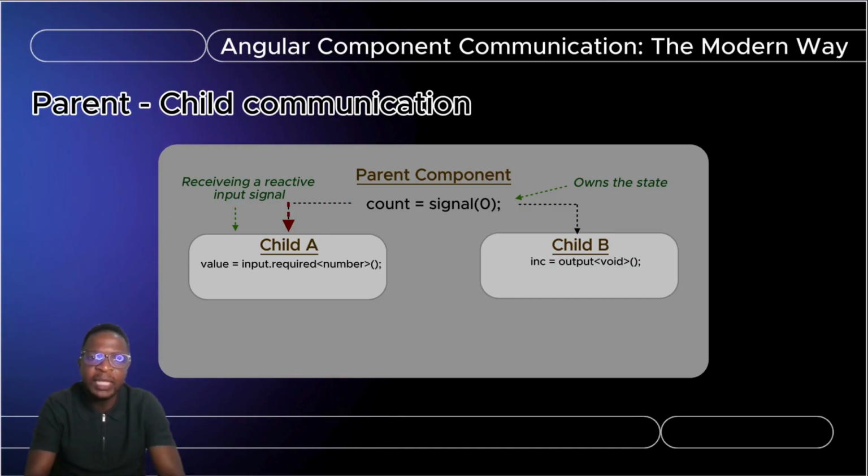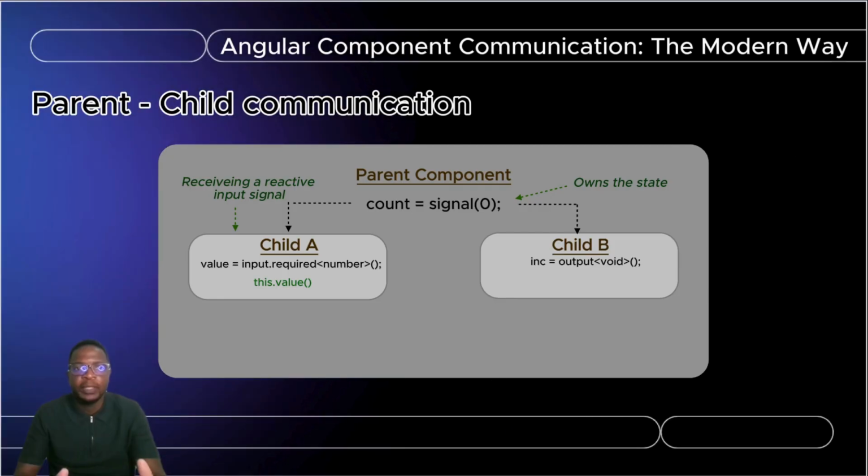That means inside the child, we do not read it like this dot value, but we read it as follows: this dot value accompanied by brackets. And that matters because now the child can react to this input as part of Angular's signal system. We talked about signals in our videos.